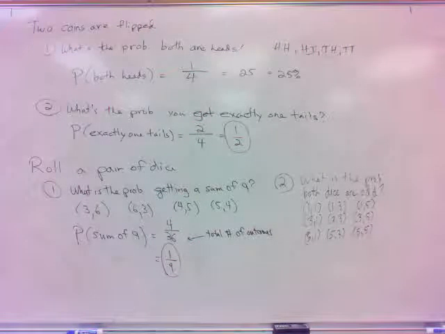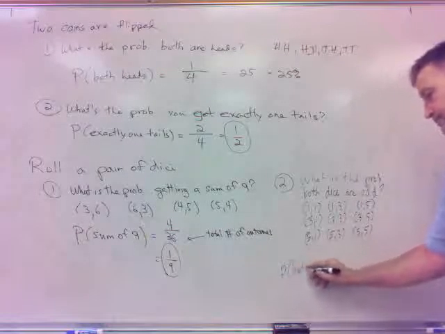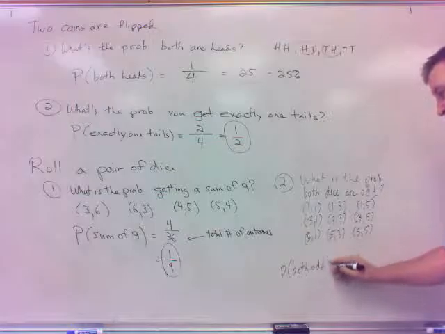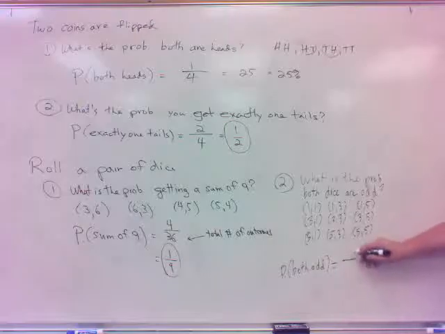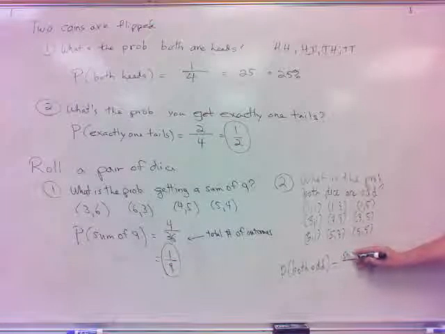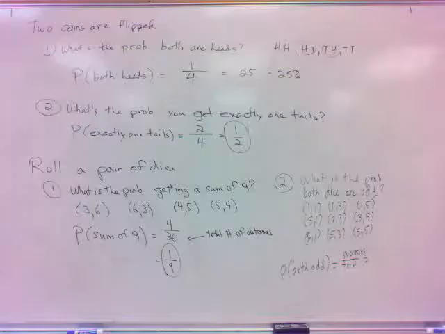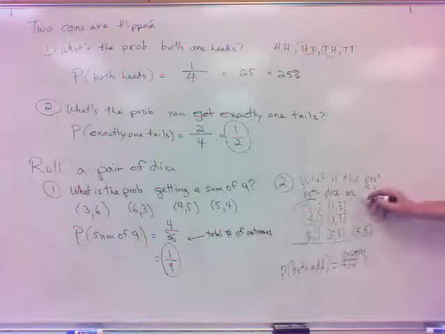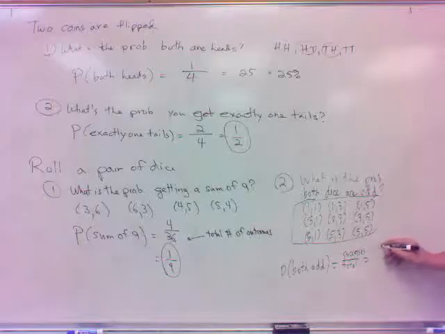So what's the probability both are odd? You tell me. How many successes? So it's always this: successes over total. Well, here are the successes, right? 9 of those.